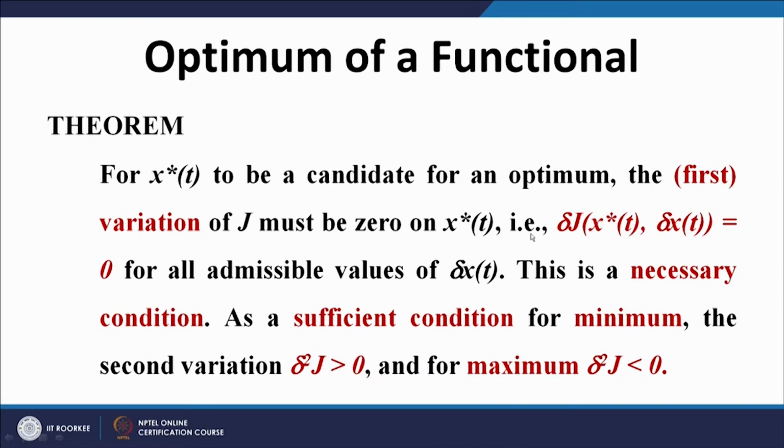At the optimum point my δJ will be 0, which satisfies my necessary condition, and δ²J is greater than 0 if I have a minimum point, and δ²J is less than 0 if I have the maxima point.